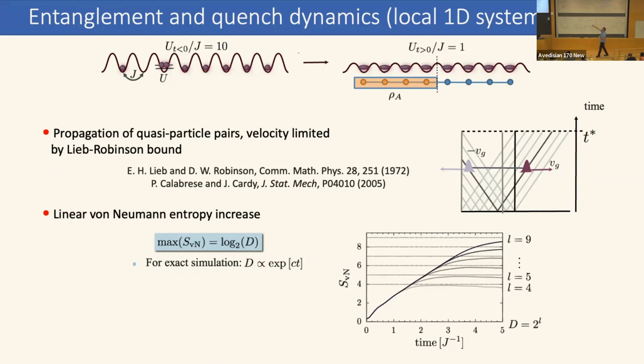For calculating increase in entropy like this, sometimes we'll calculate the von Neumann entropy.